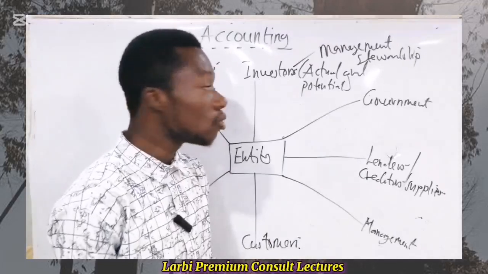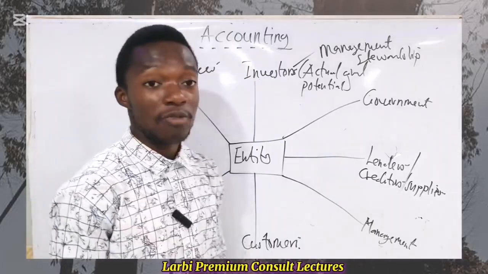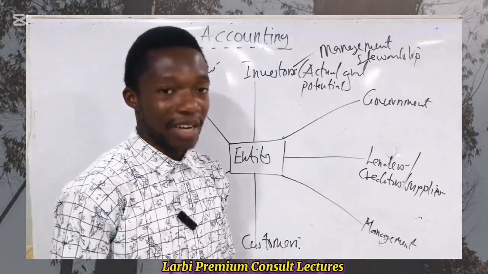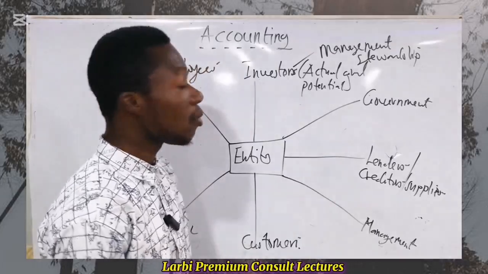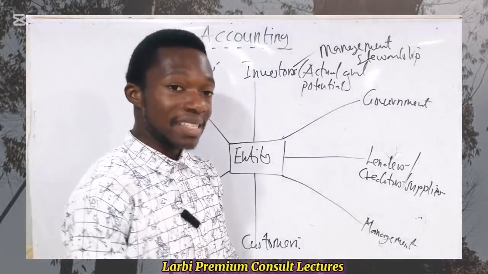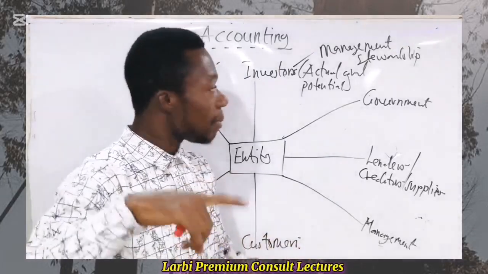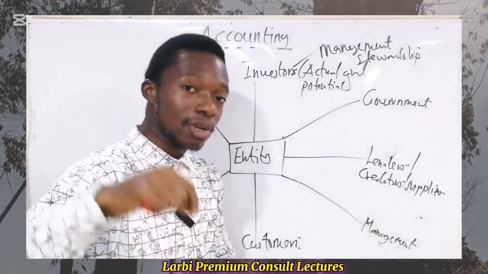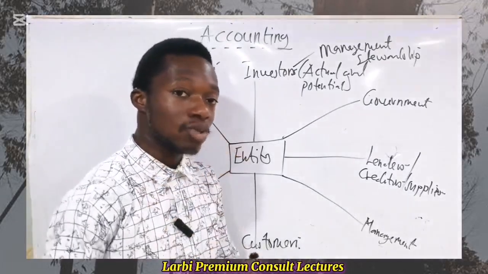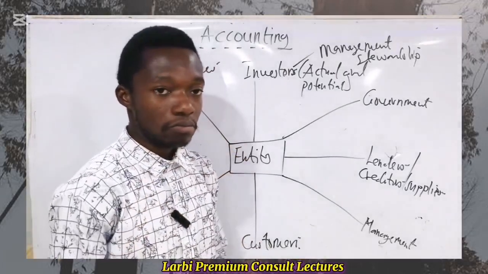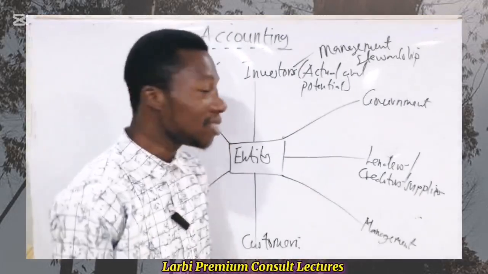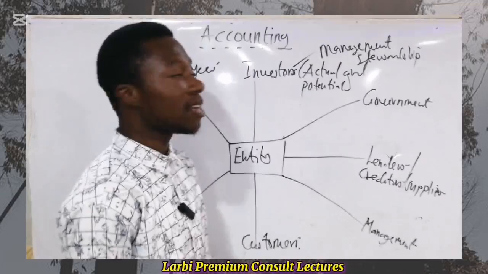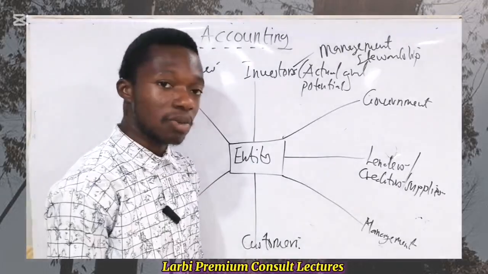They also need that information from the financial statement. Another thing is whether they should hold their money, their investment or their resources in the business, whether they should sell it or be part of the business. So these are the things that investors need when it comes to the accounting information.